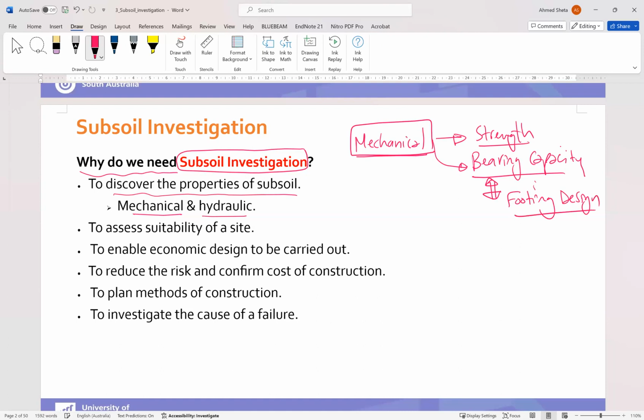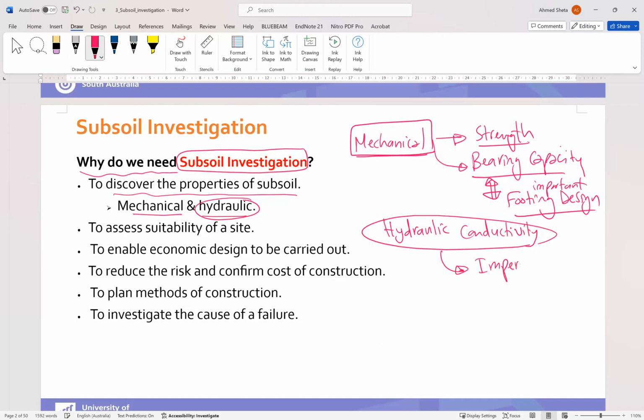Okay, what other properties do we need to know? Hydraulic conductivity of the soil. Hydraulic conductivity of the soil means the permeability of the soil, or the speed of how fast water moves inside the soil or between particles.